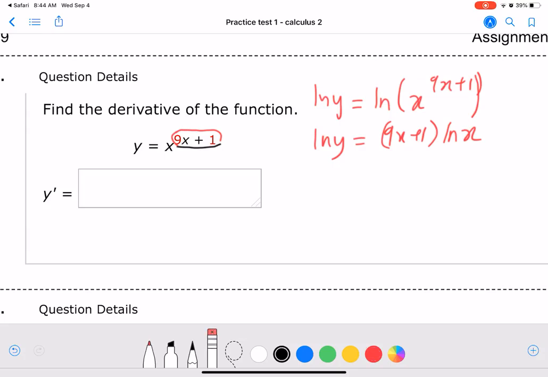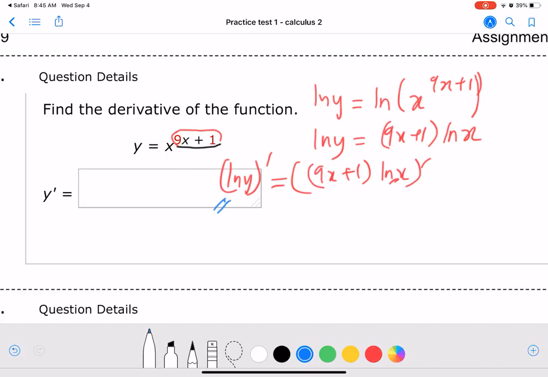I get the derivative of ln of y on the left, equal to the derivative of (9x plus 1) ln of x on the right. On the left hand side, this is just y prime over y, right? On the right hand side, we use the product rule. I get the derivative of 9x plus 1, which is 9, times ln of x.